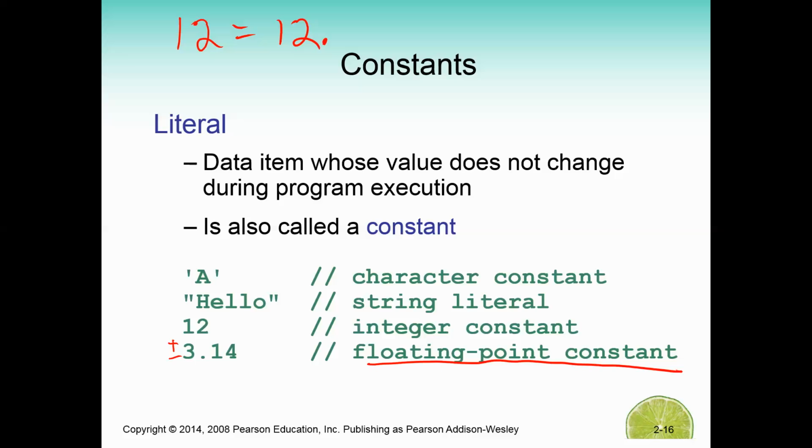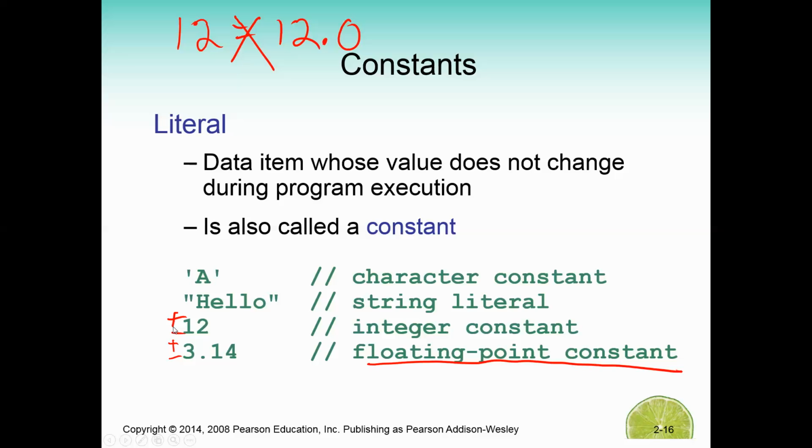So this is not the same. Even if I put a 0 there, that's not the same. A 12 without the decimal point is an integer. 12.0 is going to be a floating point. So it also can be positive or negative.